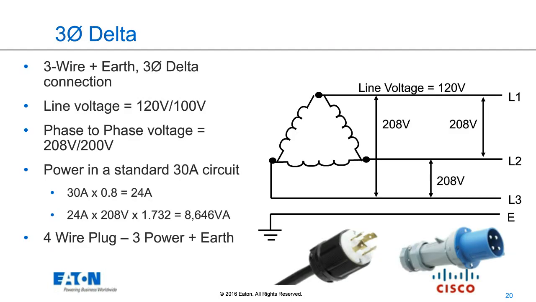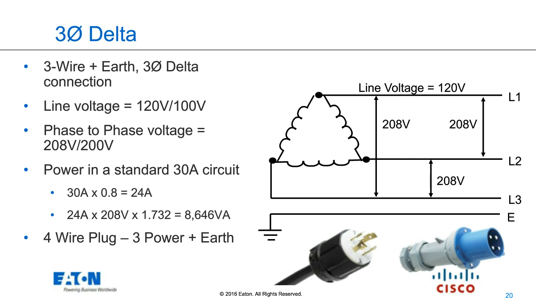Look at the actual power cables here. With the three-phase delta, you might have heard the term delta. What that means is that there's no neutral line. It looks like a triangle. You've got three different phases: line 1, line 2, and line 3, as well as a ground or an earth.